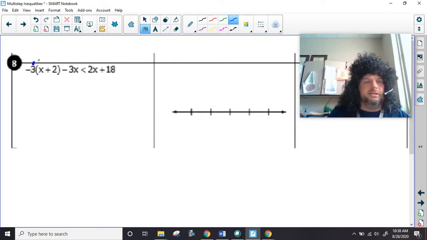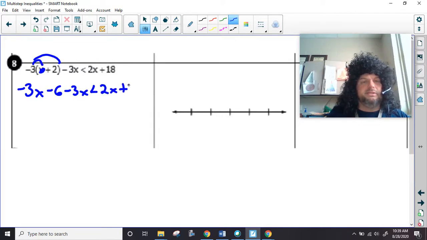Woo, got lots happening here. 3x, negative 6, and this tag this long, minus 3x, 2x plus 18. All right, combining like terms. Well, like terms right here are negative 3x, which gives us negative 6x.